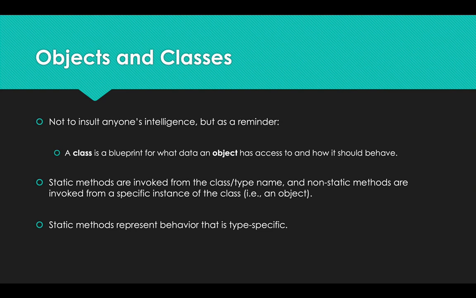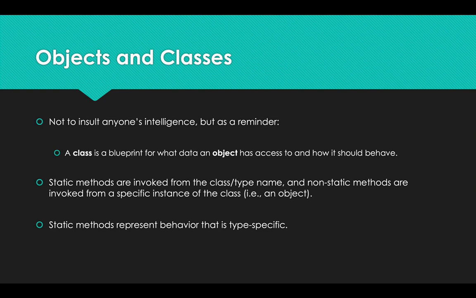And so you could have methods that exist at the class level that are the same behavior for every different object. Those would be static, but you could also have methods that are behavior for your specific car. So you would not necessarily want a static drive method because you wouldn't want your car to be driven when all other cars are being driven, and so on and so forth.